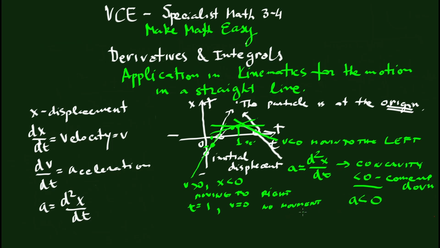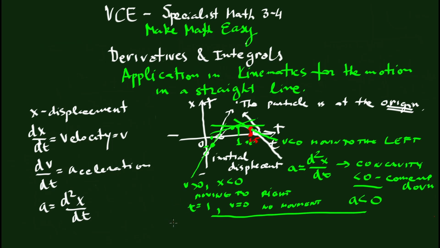What does the combination mean? What do we have now? Say at this point, let's take a point here on the curve, and this point of time is 1.5 seconds.